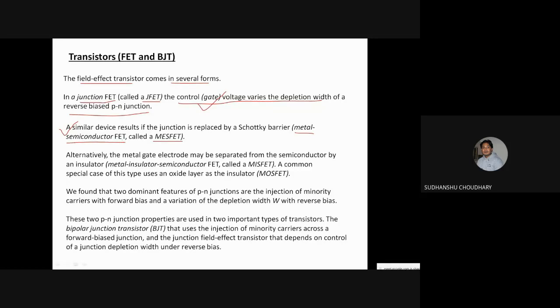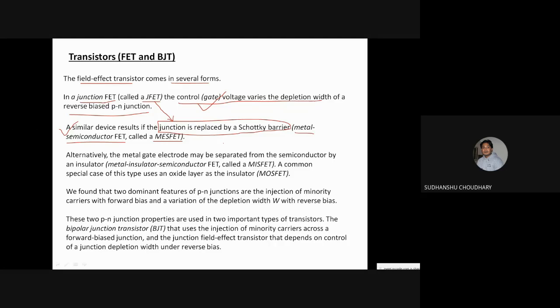Here the PN junction, which was earlier in the JFET, is replaced by a Schottky barrier. So in the JFET we had a PN junction, which is now replaced by a metal semiconductor junction or a Schottky barrier. That is why this is called a metal semiconductor FET, or MESFET.